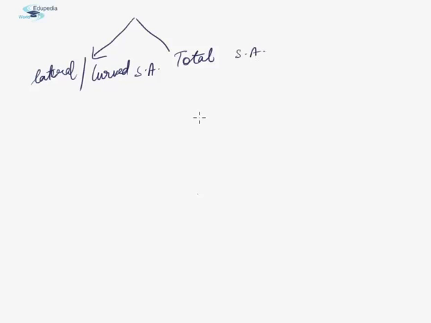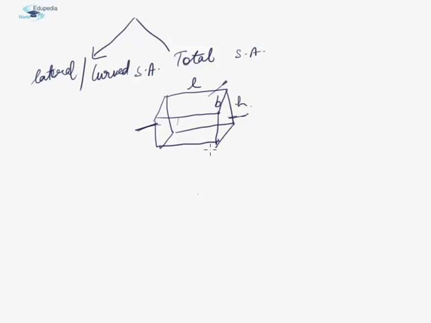So say for example we have a cuboid with length L, breadth B and height H. Then if this front face, these two side faces and this back face is considered for this solid cuboid, then the area will be, for front we will have B into H, that is BH.